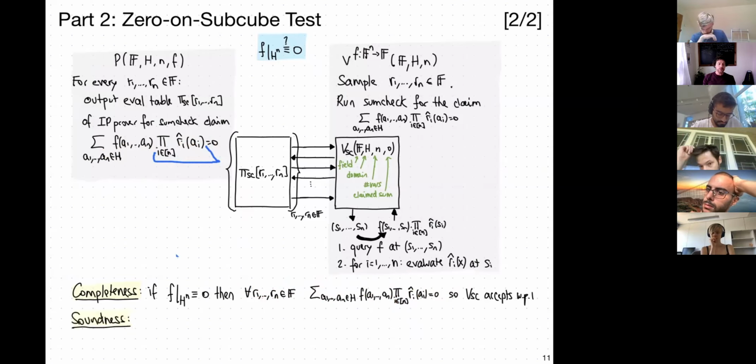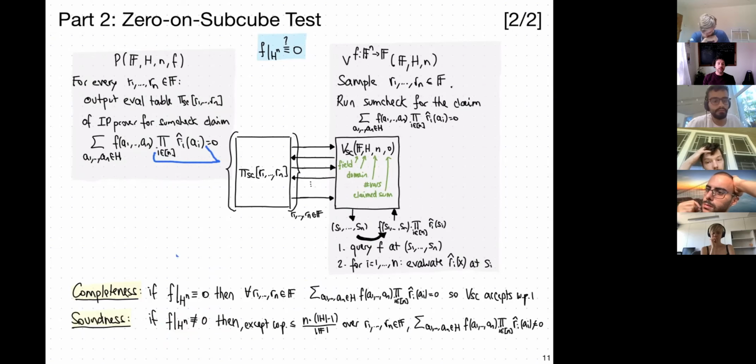And soundness would tell us that if it isn't 0 everywhere on H, then except for this small error probability that would come from the Schwartz-Zippel lemma over the choice of the R that we have, the sum is not equal to 0, and so the sum check protocol will reject.